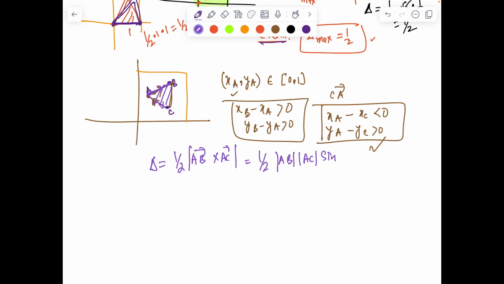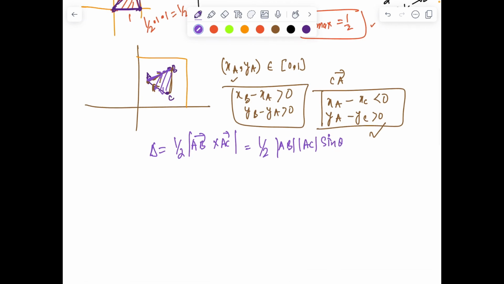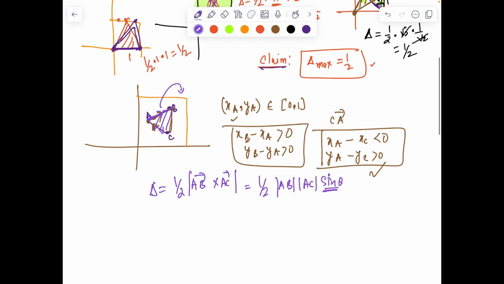And let's say the angle between AB and AC is theta, so it's half AB AC into sine theta over here. So how can we write the value of theta in terms of that? Let's say the component of AB vector, so AB vector I'm defining as coordinate of B minus coordinate of A, and let's say that component I'm writing as B1 comma B2.